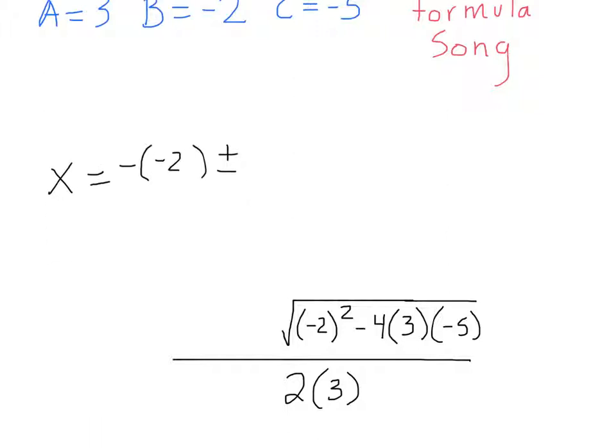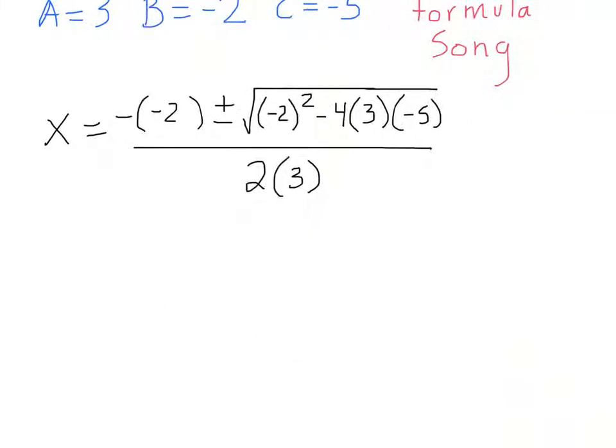So let's do that. Let me move this up. As we simplify it, I've got x equals, and right here a negative and a negative makes a positive 2, plus or minus the square root of. Right here I have negative 2 being squared. Negative 2 squared is 4. And then I have negative 4 times 3 times negative 5.